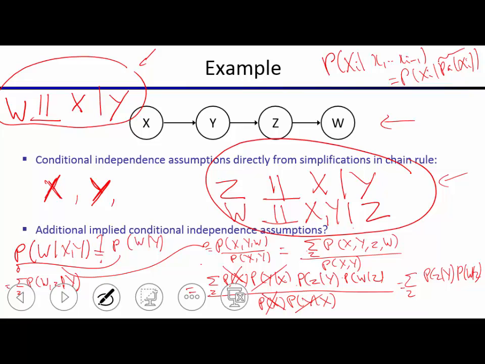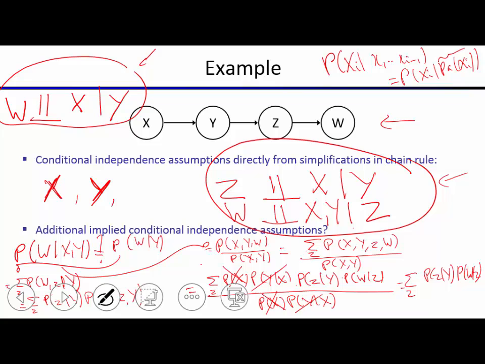Once we've done this, let's start looking at what we can do that re-expresses this. So now we can write this as sum over z. The conditional of two variables given a third variable can always be written, using nothing about the Bayes net again, as just the conditional of one of them given that variable y times the probability of the other one, w, given both z and y.